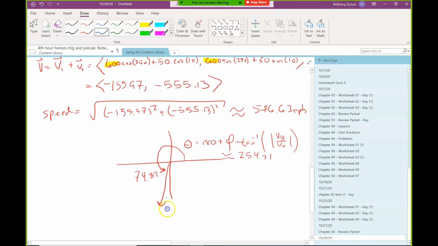And as a result, this piece is 15.69. So my bearing is going to be 180 plus that 15.69, or 195.69 degrees.